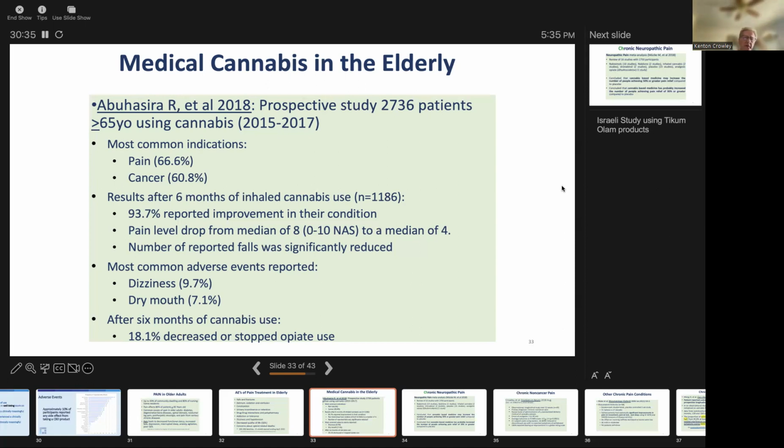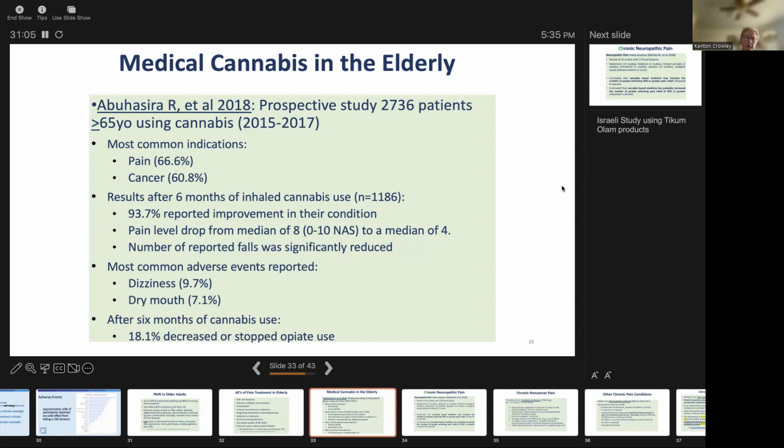Results after 6 months of inhaled cannabis, which was over 1,000 subjects: 93.7% reported improvement in their condition with a drop of their NAS score from 8 to 4, which is pretty typical in the published literature, about a 50% reduction in pain.